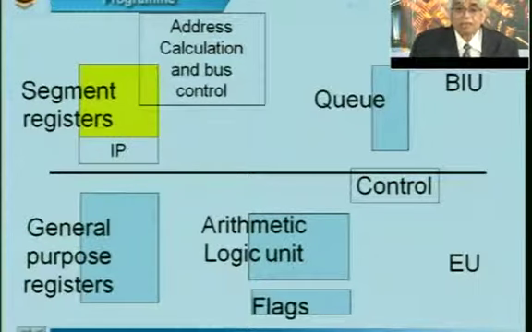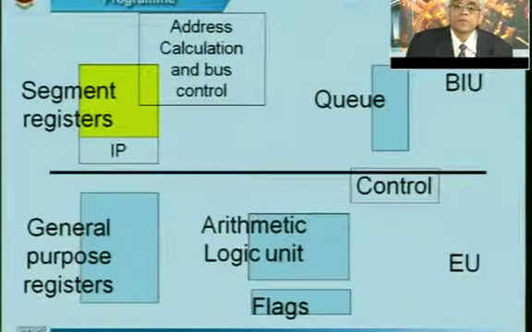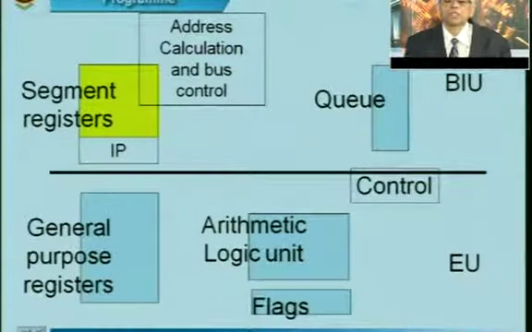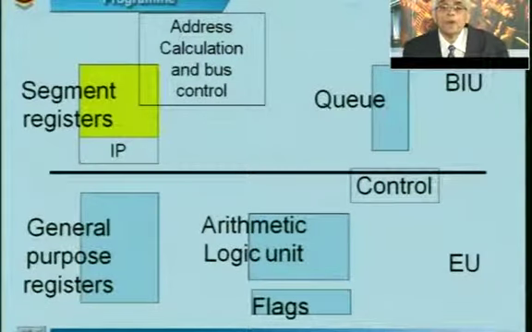If the execution unit requires some data and that data is available in the memory, then it requests the bus interface unit to fetch the data for its operation. That is the time when the execution unit has to wait for the bus interface unit to fetch the data.